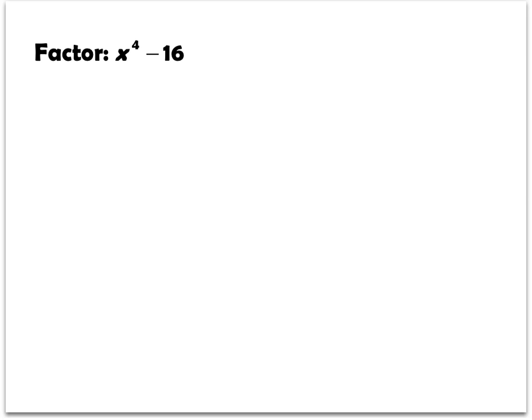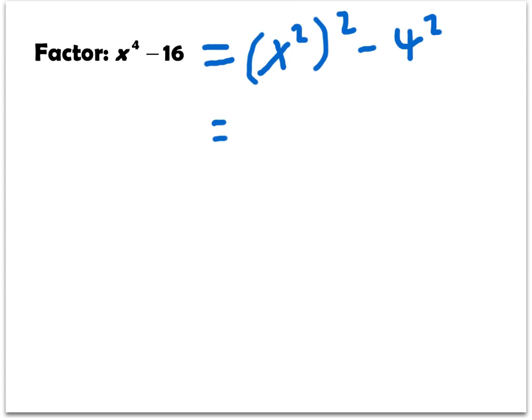One last example here is not simplifying but factoring. At first glance, this factor looks maybe like a difference of squares because 16 is 4 squared. Well, we can rewrite this using properties of exponents as x squared, quantity squared, minus 4 squared. That's perfectly justified by the laws of exponents. And so now we have something squared minus something else squared. And so that's a difference of squares.